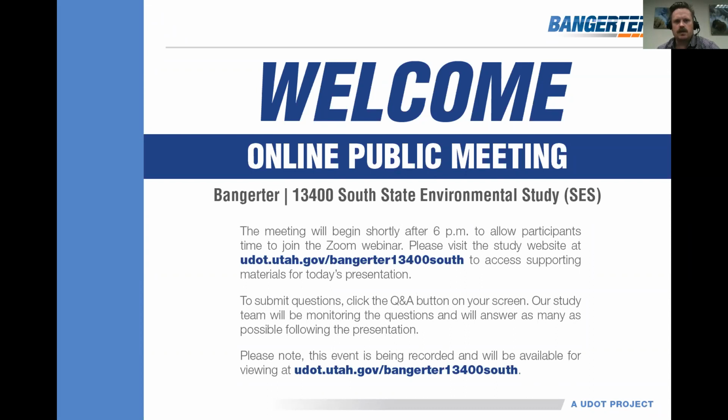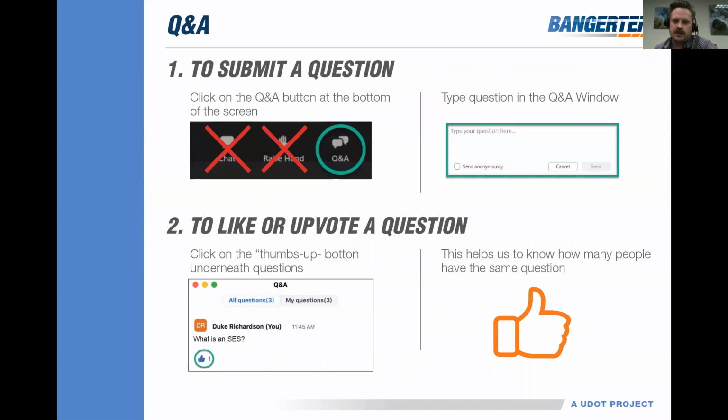Okay, it is now 6:05, and let me go over the Q&A portion of this meeting. You will be unable to submit your questions verbally, but you'll see a Q&A button on the bottom of your Zoom screen. As we go through the presentation, feel free to submit questions for our team to address verbally when the presentation is complete. Now, a few things to note.